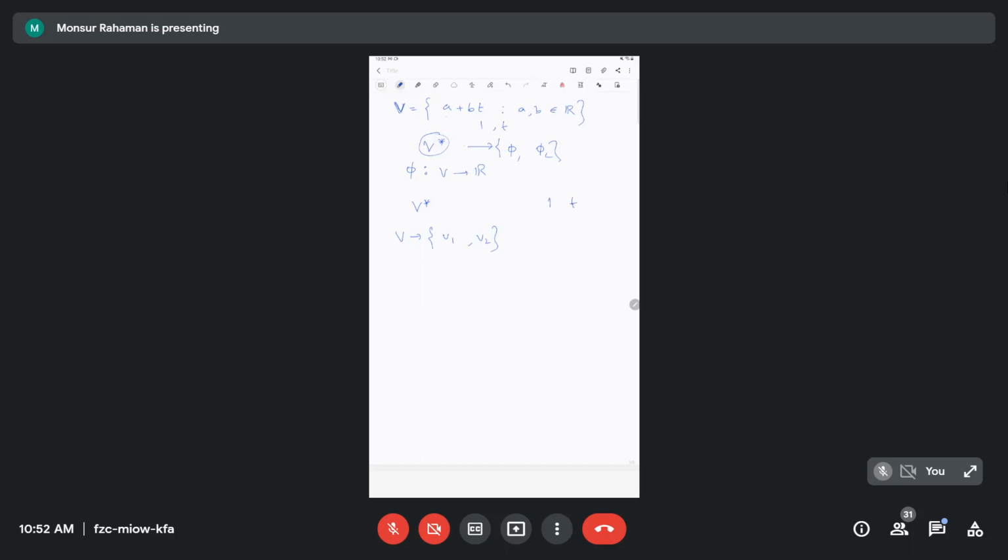We can take 1 and t, but in general V1 and V2. So V1 could be like a plus bt, and V2 is some c plus dt. Okay, this one is the special one. 1 and t is also a basis, but we are arbitrarily choosing these vectors.